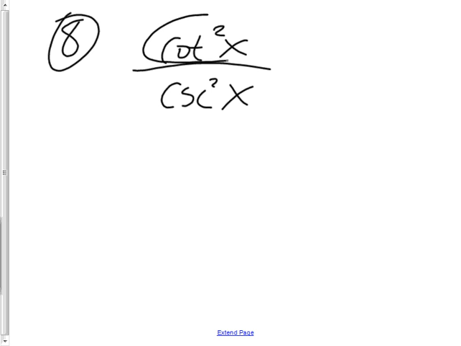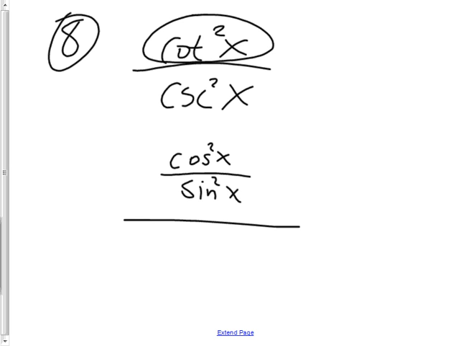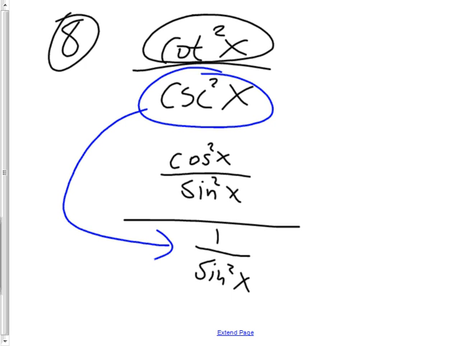This part right here turns into cosine over sine, and they're squared, over, what are we generally supposed to move cosecant towards? Sine and cosine. What is cosecant? 1 over sine squared. That was this part right here turning into this part.